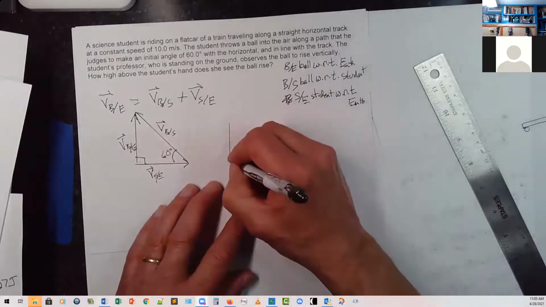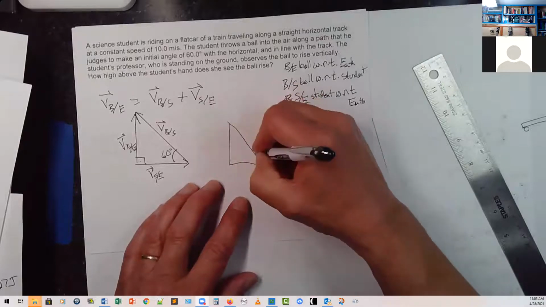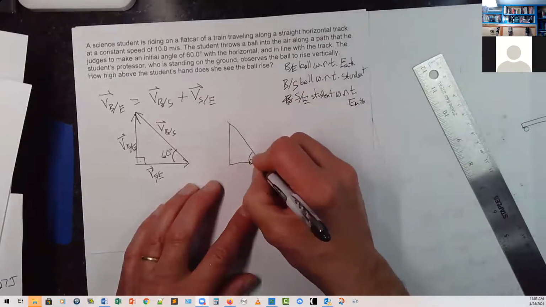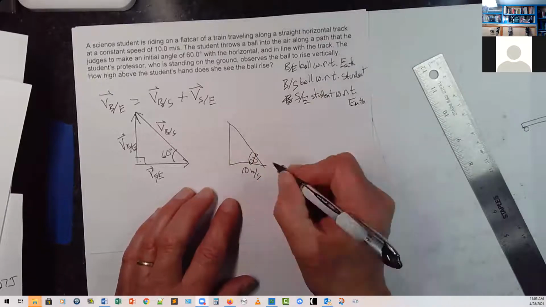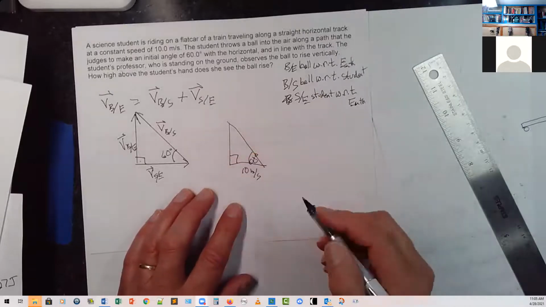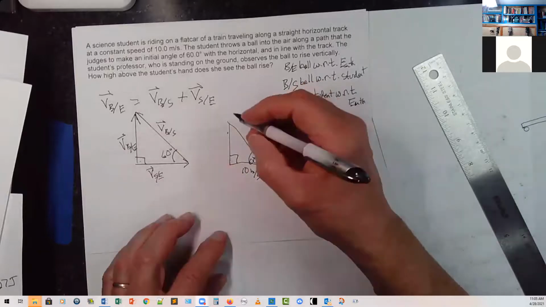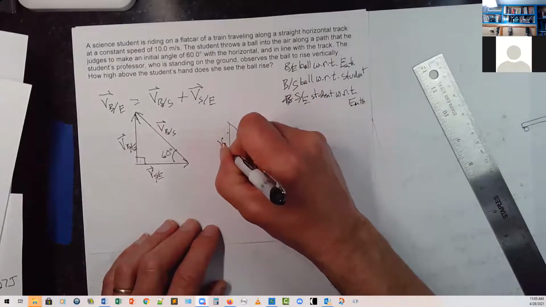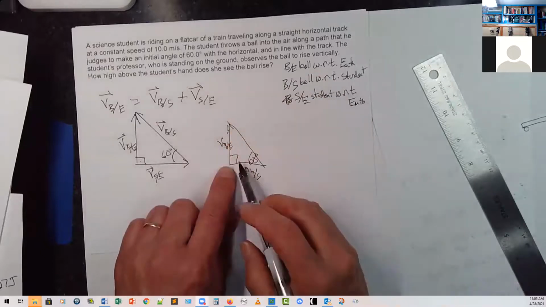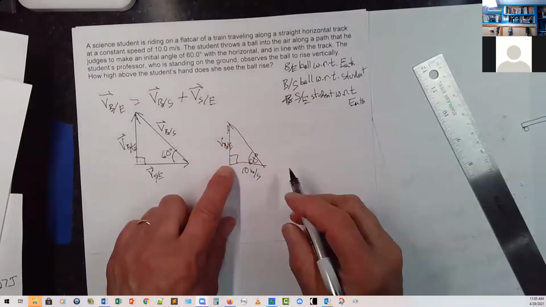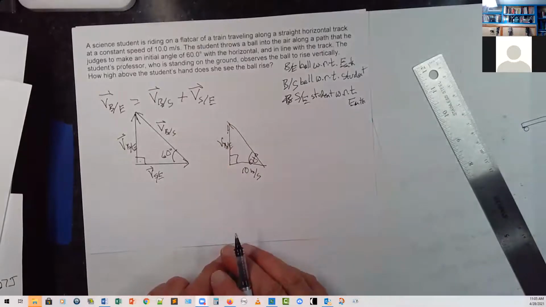So just make a quick sketch here: 60-degree angle there, 10 meters per second here, right angle there. I can figure out what this is. This is the velocity of the ball with respect to the Earth, the initial velocity of it. And then it becomes a projectile motion problem.